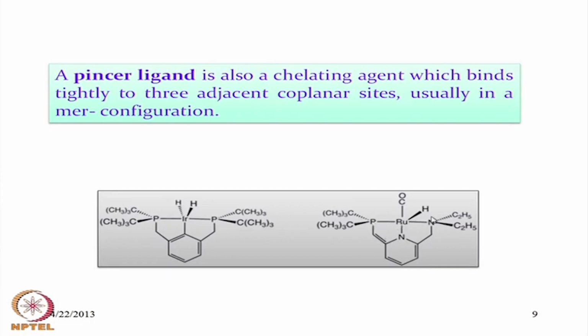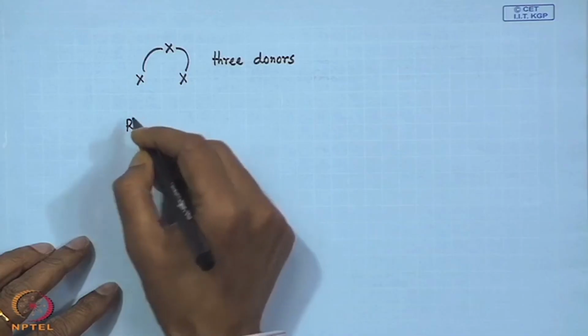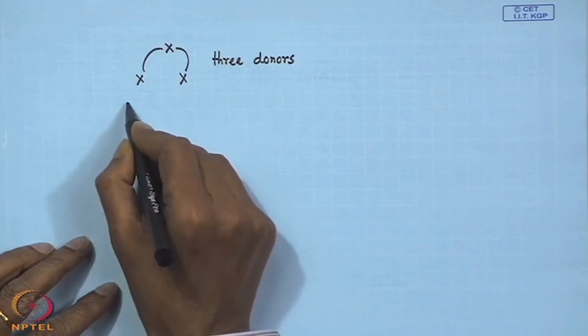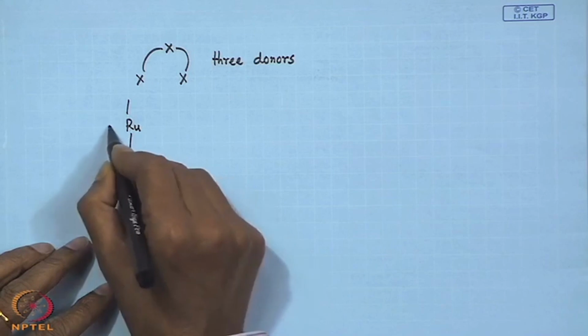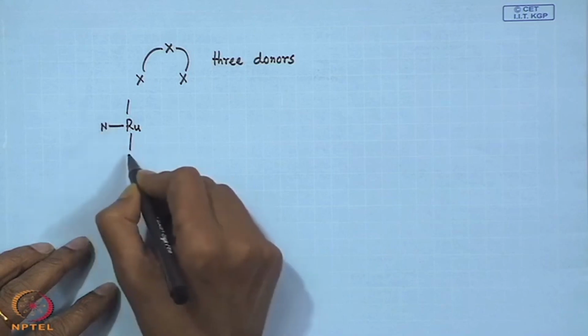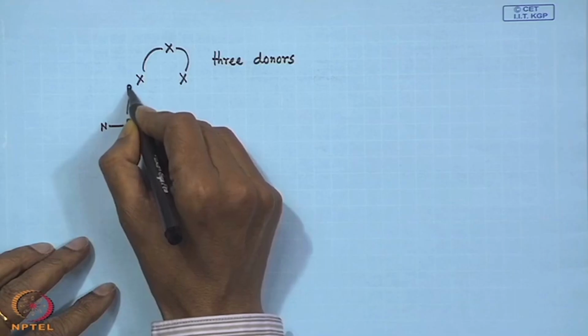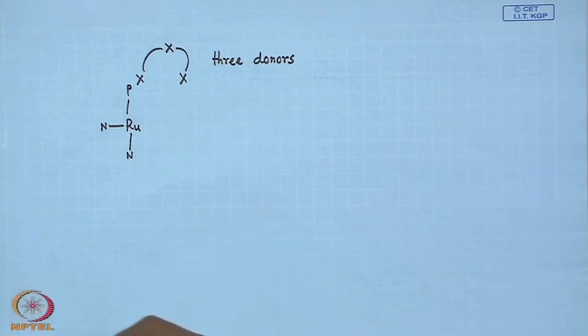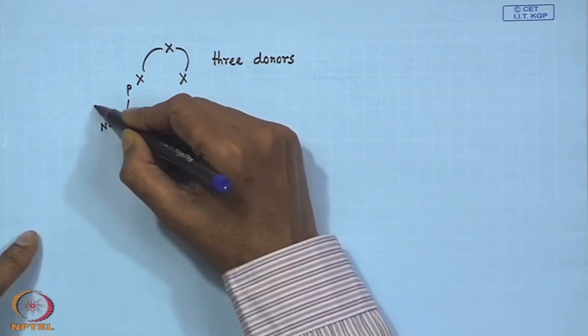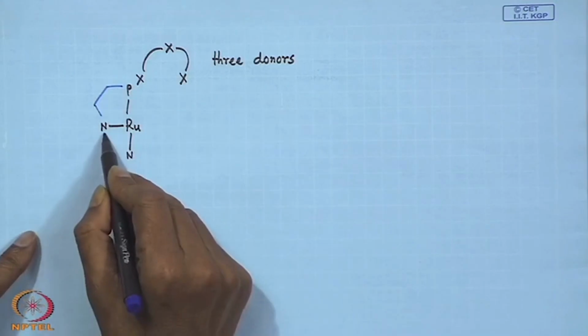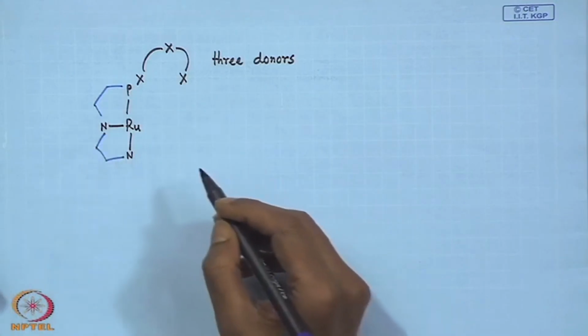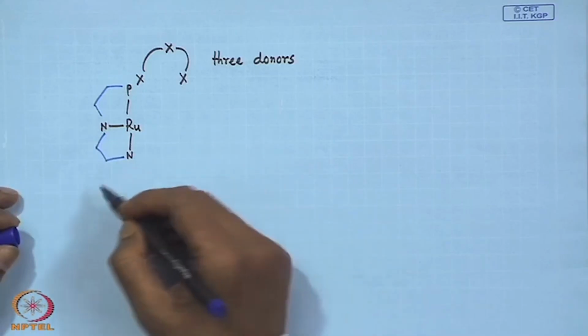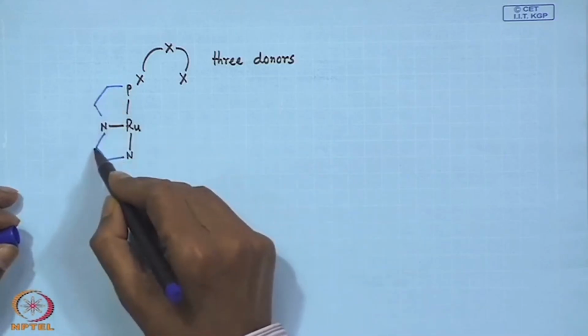So, what we find is a typical geometry for this ruthenium center, where we are providing a tridentate coordination around this ruthenium center. So, basically what we get is this nitrogen, this is another nitrogen, and this is the phosphorus. But the chelate ring size is very important, which is basically this sort of thing we can have when we have this 2 carbon spacer.